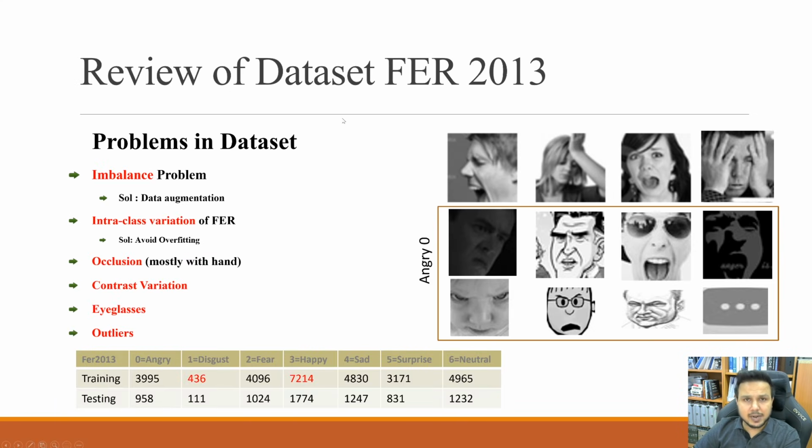So let's review the data set, what's inside. One of the problems in the data set was the imbalance problem. So why do we have imbalance problems? Let me tell you some background. This data set was generated by cropping already posted videos and images on the internet.